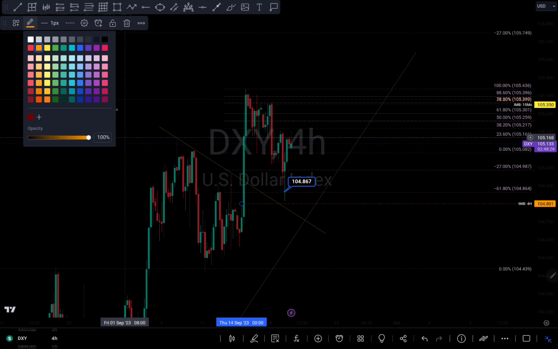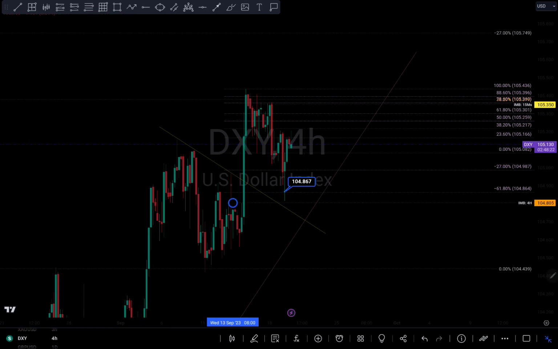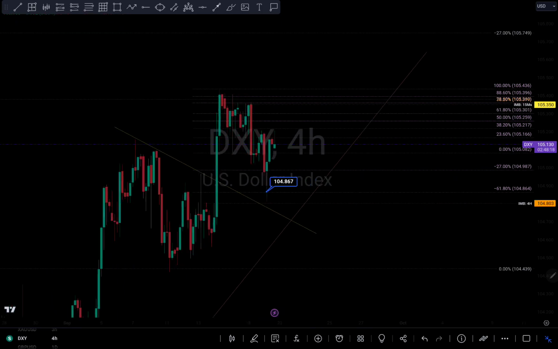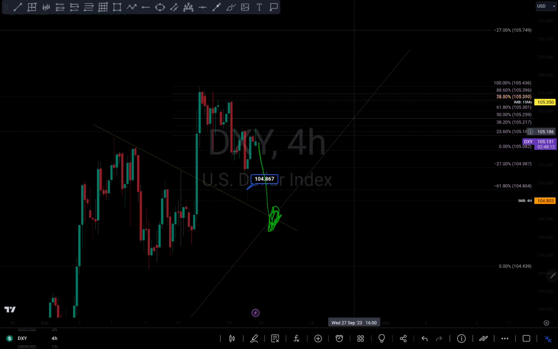So I see a possibility of it at least maybe coming there, right, and giving us a touch around that area of that imbalance and coming down a little bit to probably touch the trend line, because this was broken overall. We are still pushing to the upside.